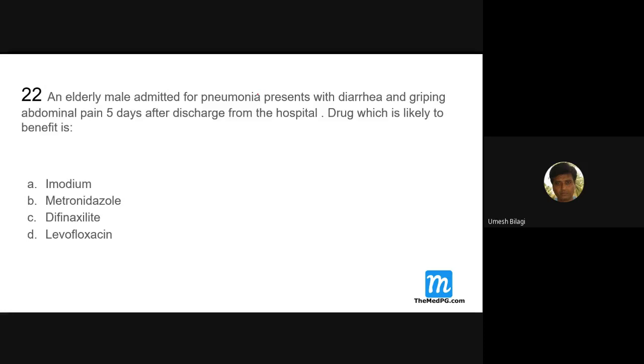An elderly man admitted for pneumonia presented with diarrhea and gripping abdominal pain for 5 days, within 10 days of hospital discharge. Which drug is likely to benefit? Legionella.